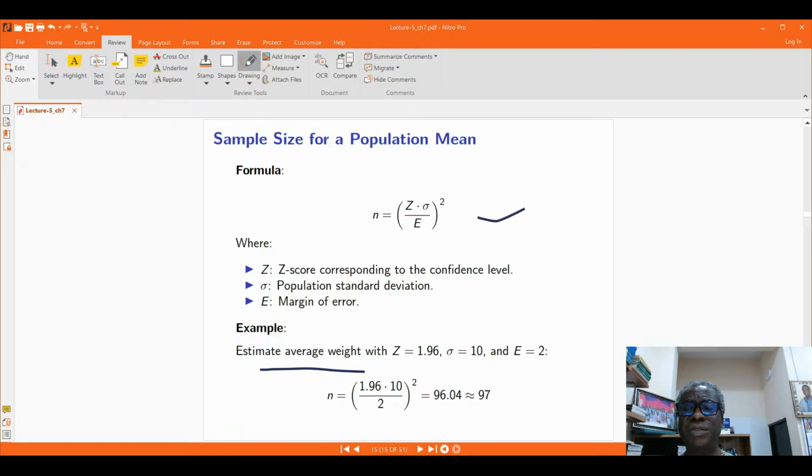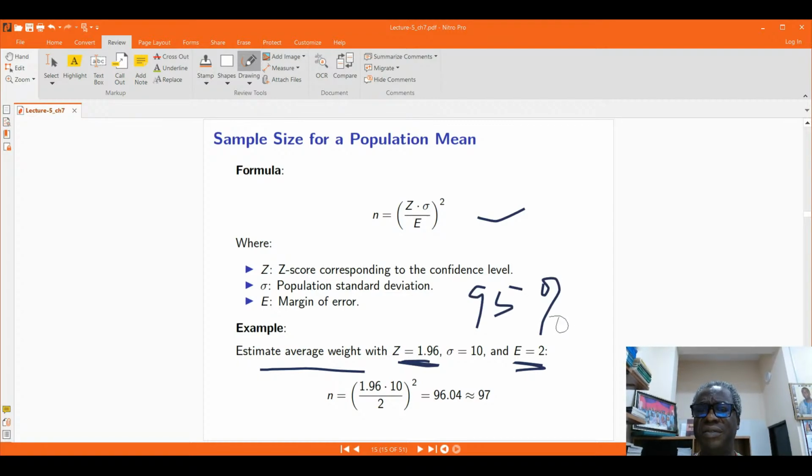So for this particular case, the margin of error is 2. The Z, that's the standard score, is 1.96, which means our confidence level is 95%. And then the population standard deviation is 10.